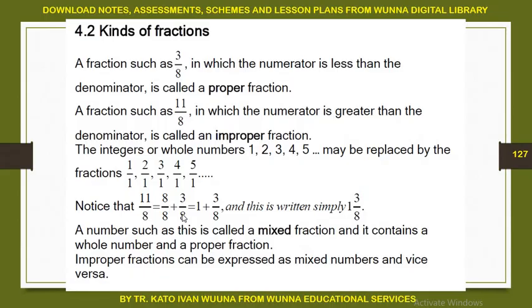That is in the case of 17/8. In this case, I'm adding 8 plus another number that gives me 11, which is a 3. Why am I considering 8? Because it is a multiple of the denominator, so that I can easily reduce this to 1, so that I'll remain with 1 plus 3/8.